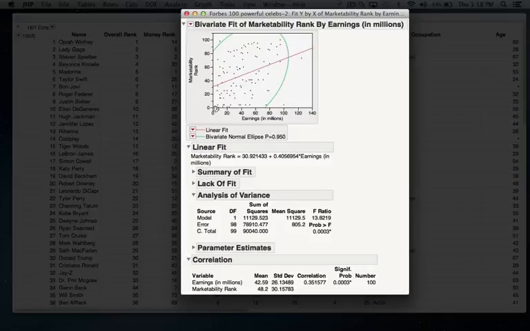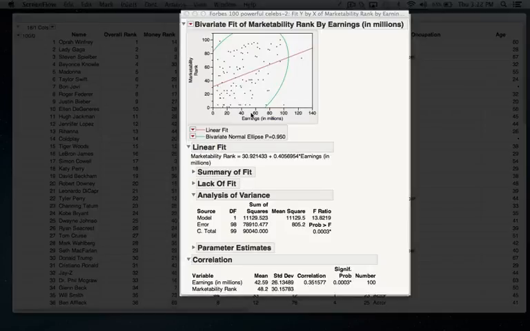So actually, even though this is a positive correlation, what that actually tells us is that as celebrities earn more money, although they increase in marketability rank and have a higher marketability rank, they have a worse marketability rank, meaning their marketability is not as good as celebrities with lower numbers and lower income. So that's a tiny bit confusing. I'll try and hash that out one more time. So it's a positive correlation, which means that as earnings in millions increase from 0 to 140, marketability rank increases from 0 to 100.